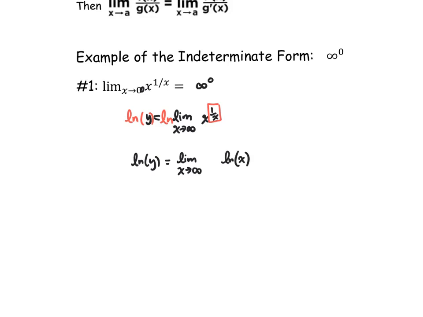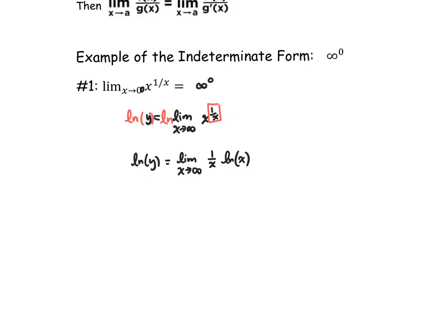Now, the power of 1 over x, which was here, can be brought down in front as a coefficient using this law of logarithms. Now, what would this form be? If I just look at the right side, as x goes to infinity, 1 over x would go to 0, natural log would go to infinity.